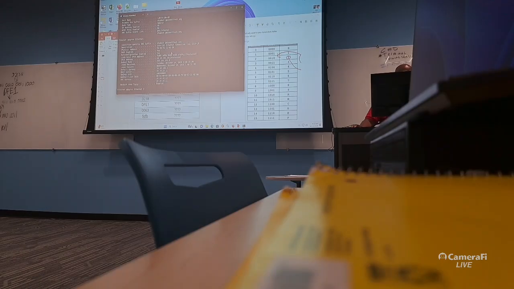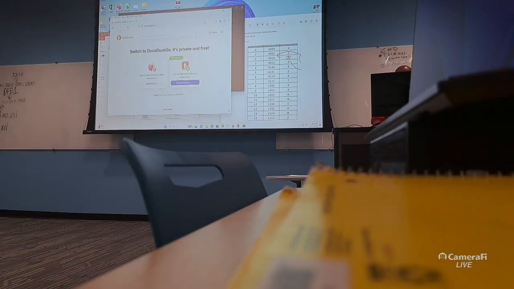What is ipconfig? I'm not really sure what the IP stands for. Internet Protocol Configuration, I think? Let's look it up.